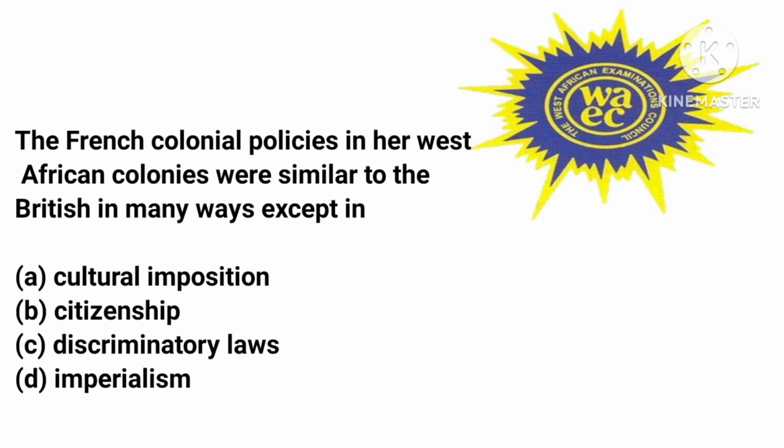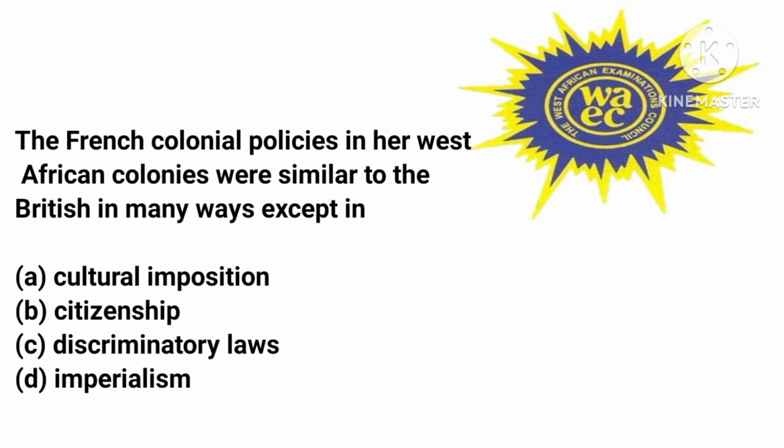The French colonial masters wanted to make a Frenchman out of the colonized population, but the British colonial masters did not do that. Rather, they used native laws and native leaders to actually rule their colonies. So option A is the correct answer. This is where they are different.